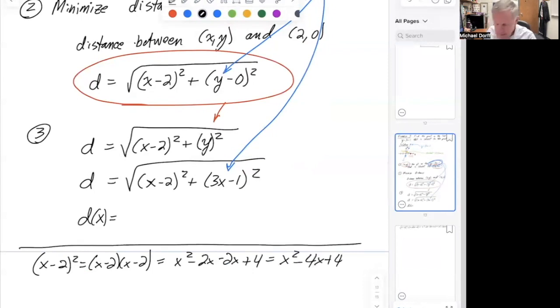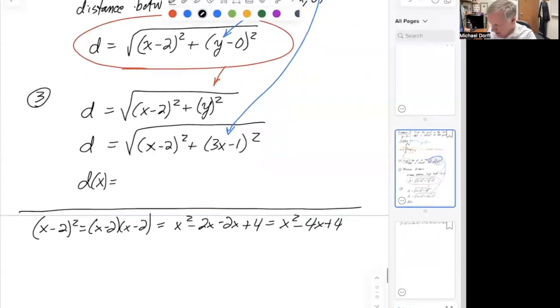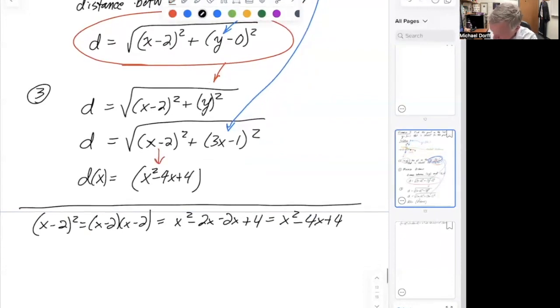And some of you I know could do this in your head. So please just bear with me as I write out all the gory details here. But that's what I get. This is equal to that part. Okay, and then I have 3x minus 1 squared. So that's 3x minus 1 times 3x minus 1.